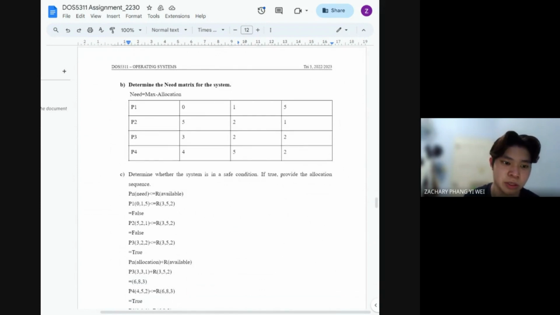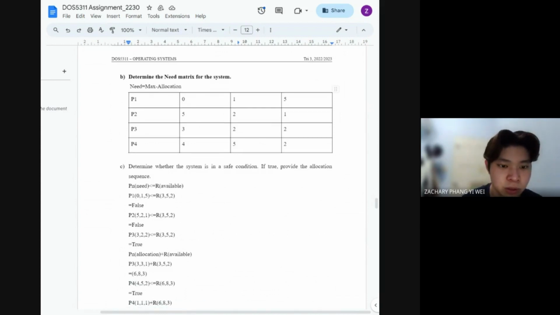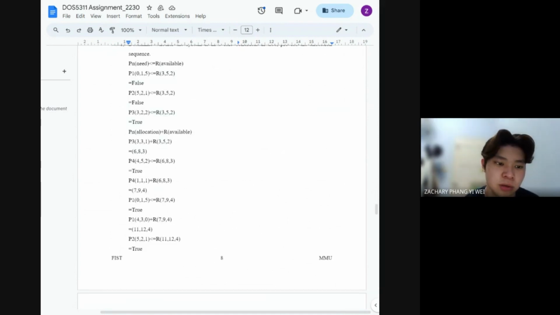So we try P2, 521. 5 and 2 is larger than 2 and 1, so it's false as well. For P3, 322, 352 is larger, so it's true. You have to take the P3 allocation and add it to the available.